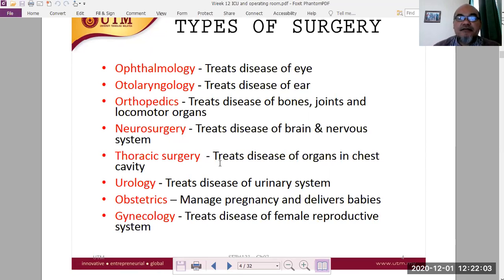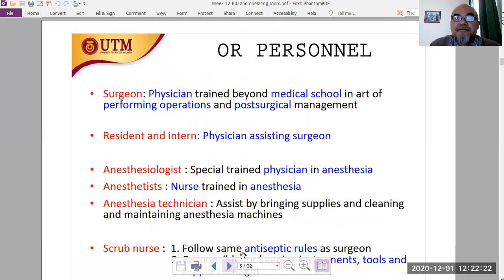Thoracic surgery, the treatment of disease of organs in the chest cavity; the thorax means chest. Urology treats disease of the urinary system. Obstetrics, to manage pregnancy and deliver babies. Gynecology, to treat disease of the female reproductive system.